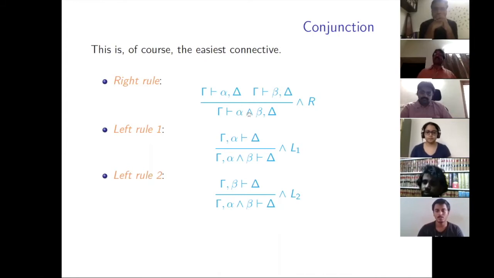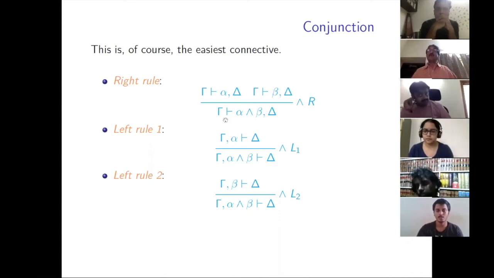The simplest way to make sure that you understand this is to consider a model that makes gamma true, and if it makes this disjunction false, it will make all of these disjuncts false. In particular, it will make alpha and beta false. If that model makes alpha and beta false, it must make one of those things false.